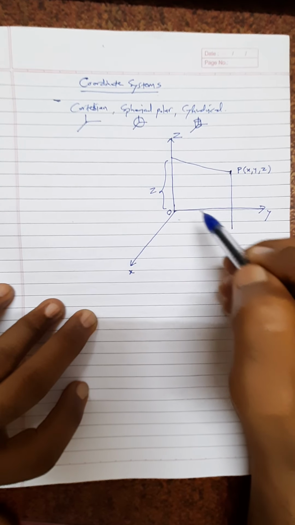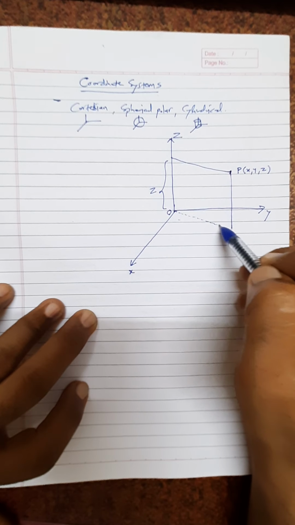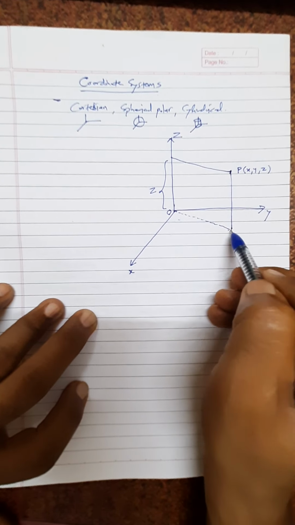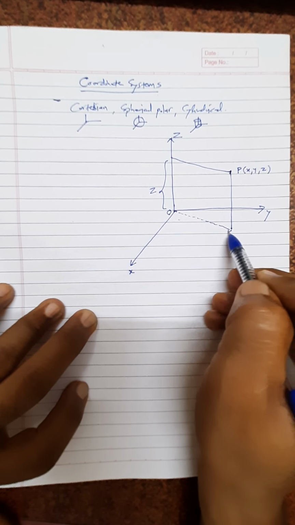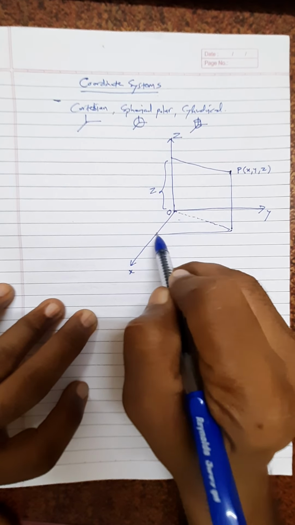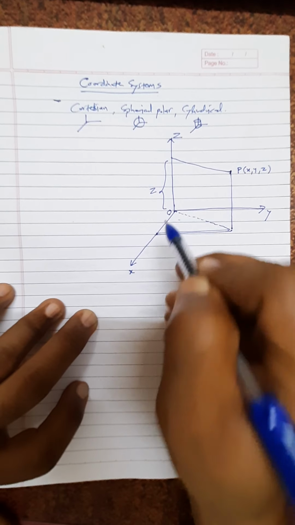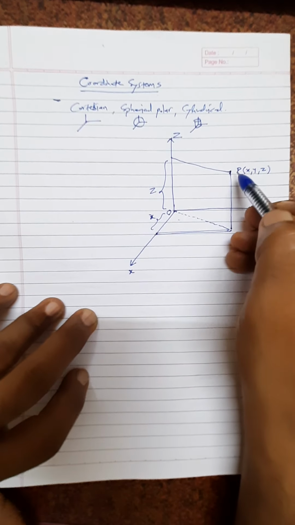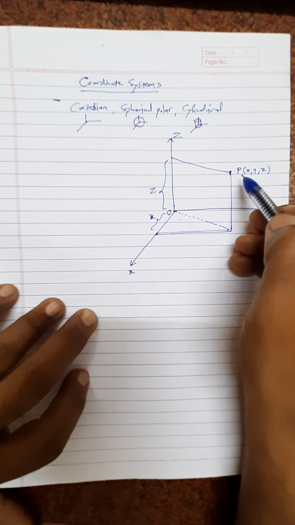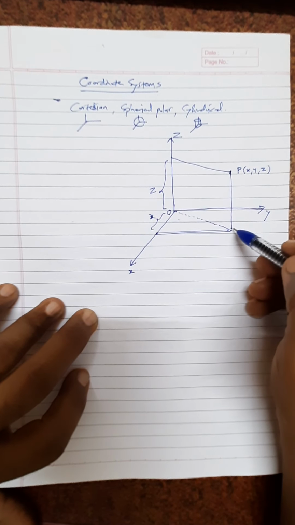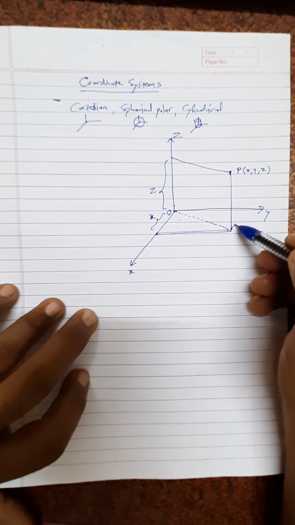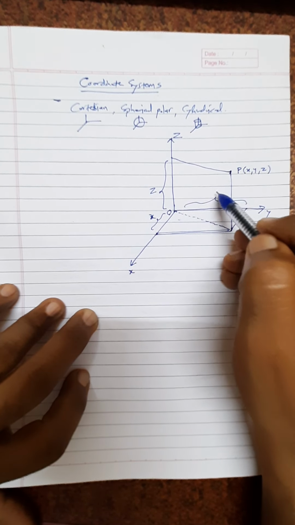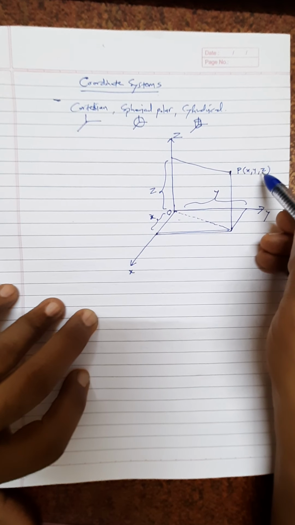Then from this I can draw a perpendicular on the x axis. This will be the x component, the x coordinate of the point P. Then from this point I draw a perpendicular on the y axis, and this is the y coordinate of point P.